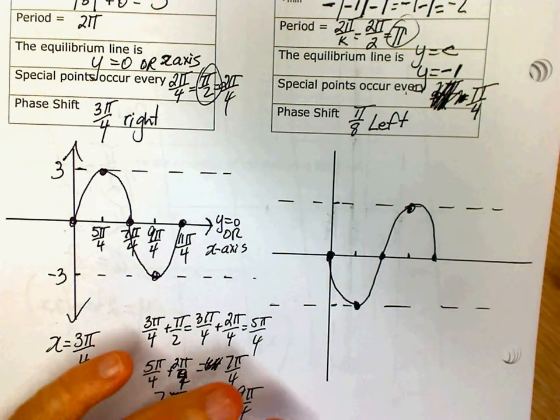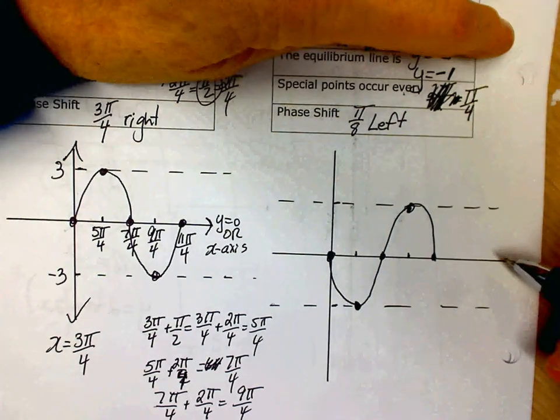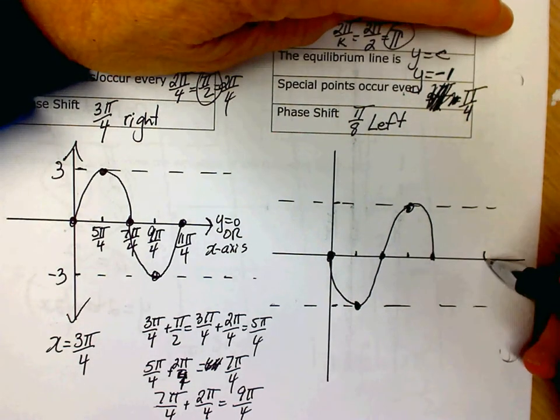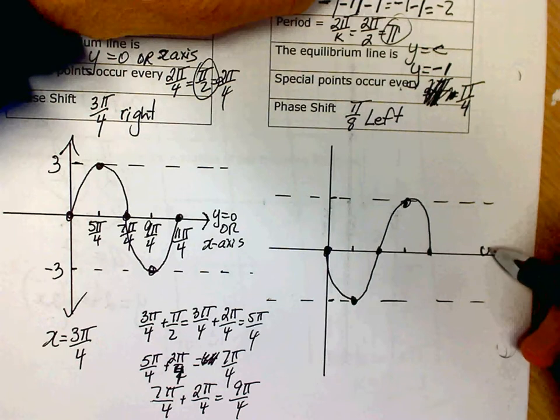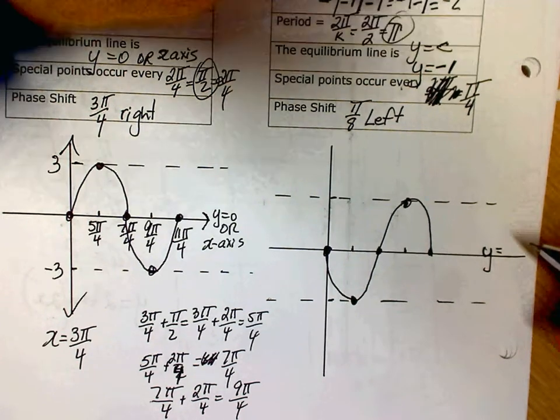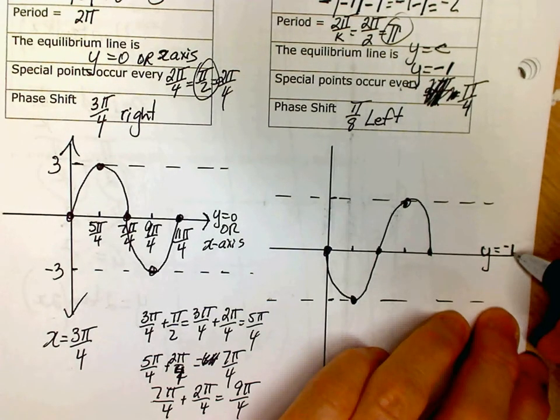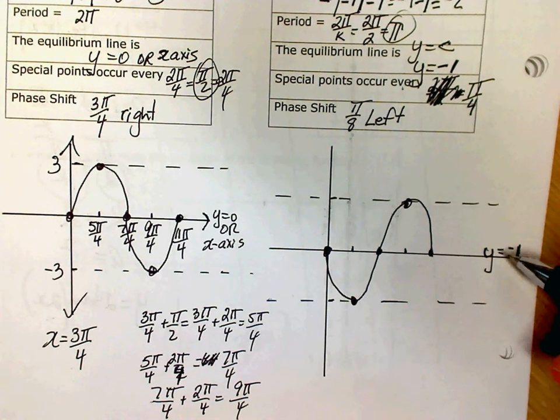So what do I label this line as? Y equals, it's my equilibrium line.